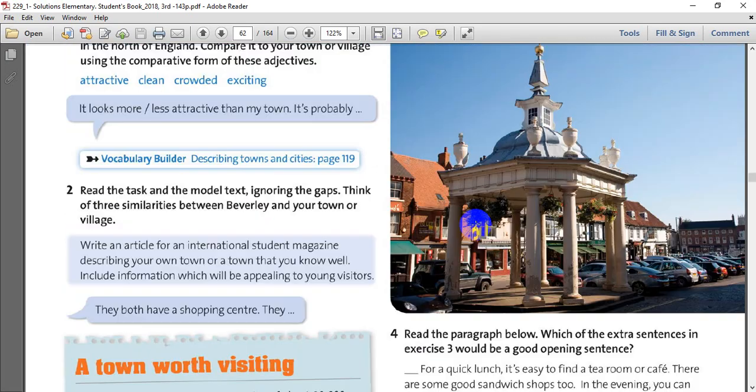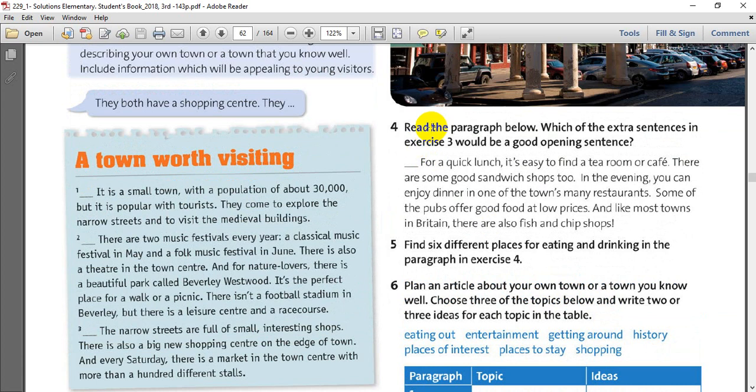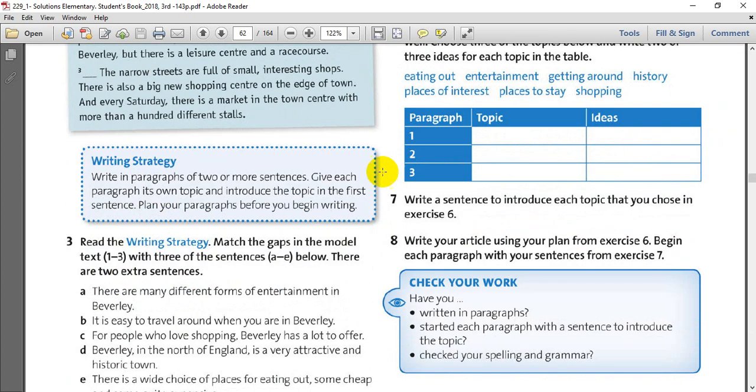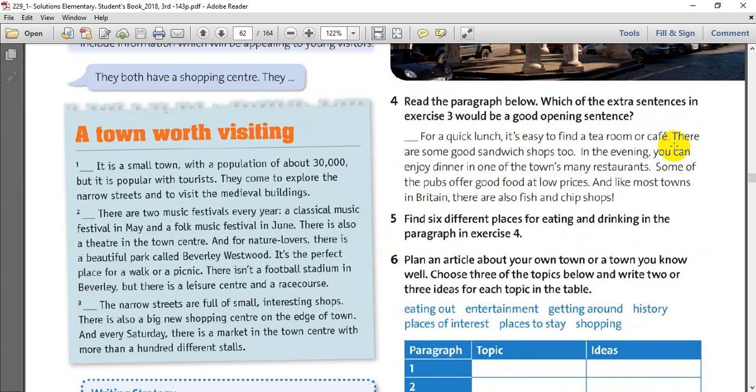Now let's go to number 4. Read the paragraph below. Which of the extra sentences in exercise 3 would be a good opening sentence?